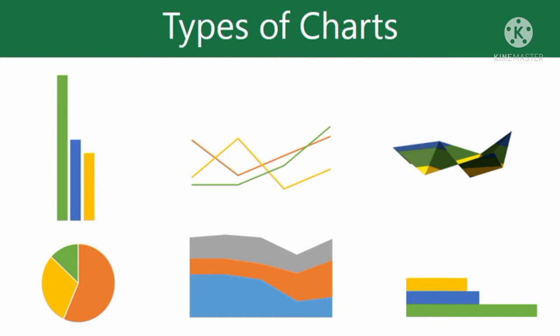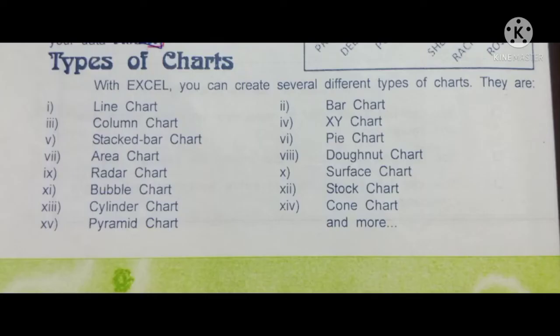Now, students, we will proceed towards the different types of charts available in Microsoft Excel. So, let us start types of charts. With Excel, you can create several different types of charts.